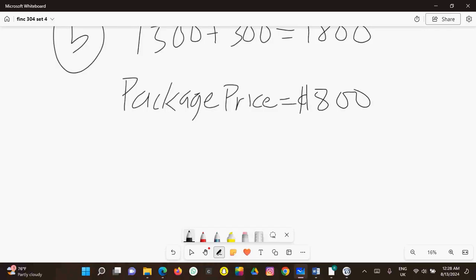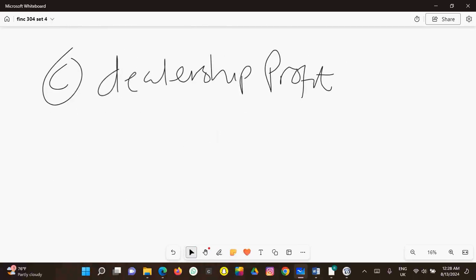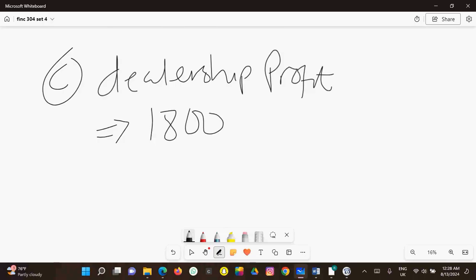Now they're asking us what will be the dealership profit. The dealership profit is going to be 1,800, which will be the total revenue for them, and the total cost that we know already is 1,450.